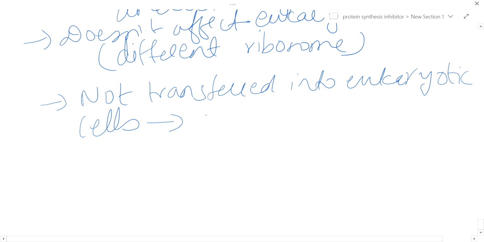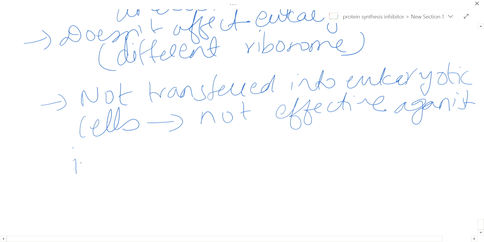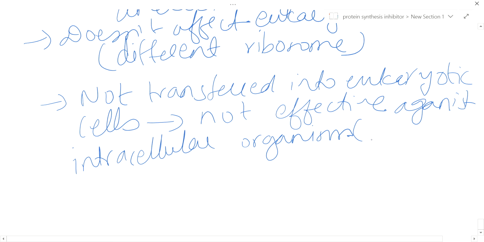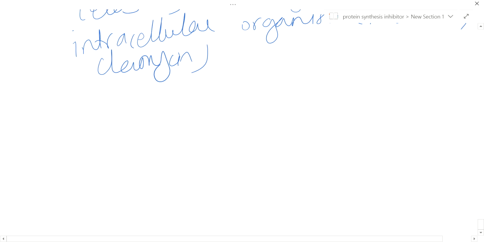So it is also not effective against intracellular organisms such as rickettsia and chlamydia. So these aminoglycosides are used alone rarely.